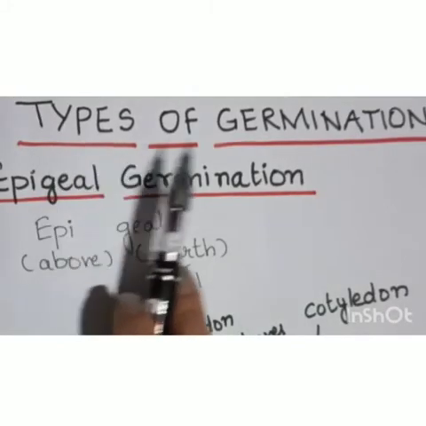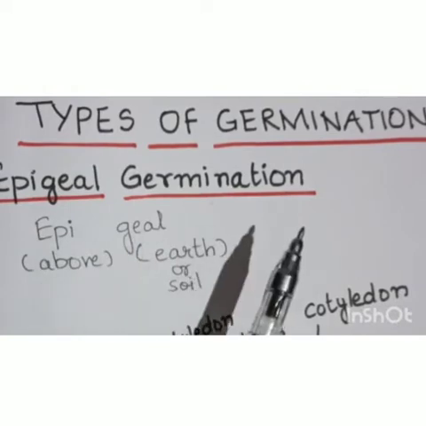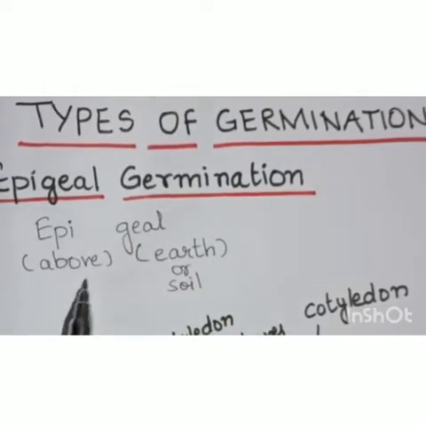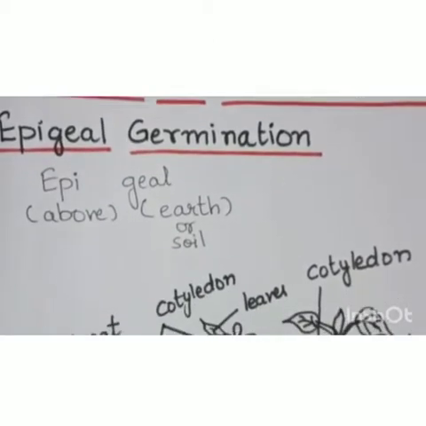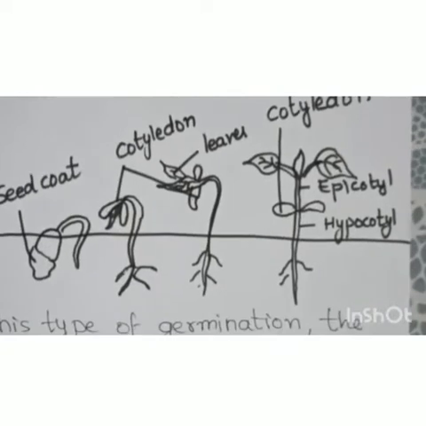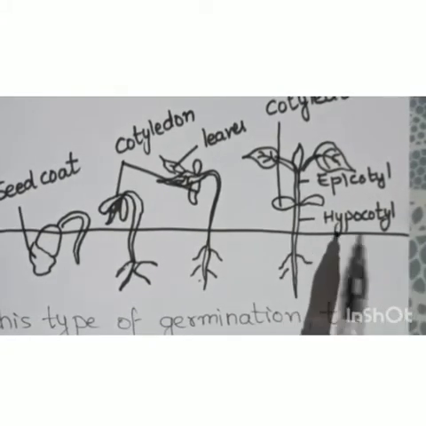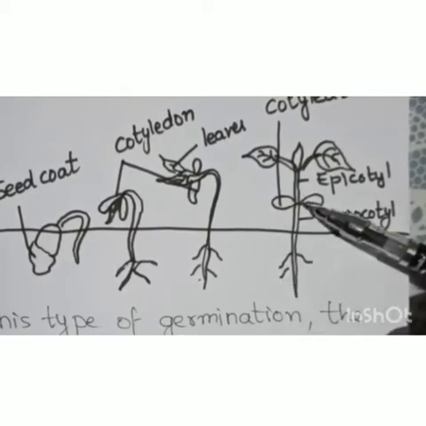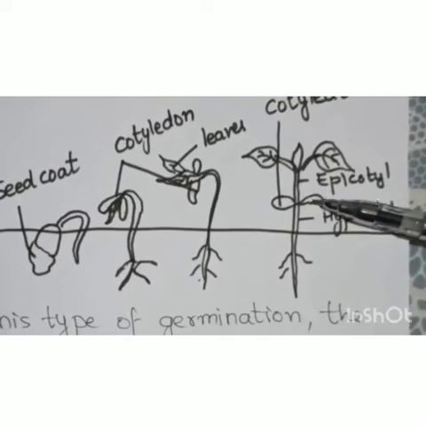Now comes types of germination: epigeal germination and hypogeal germination. Now epi means above, geal means earth or soil. So in this type of germination, the hypocotyl, now let me explain this, the part of the plant below the cotyledon is known as hypocotyl, and the part which is above the cotyledon is known as epicotyl.